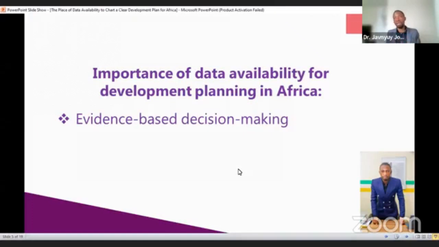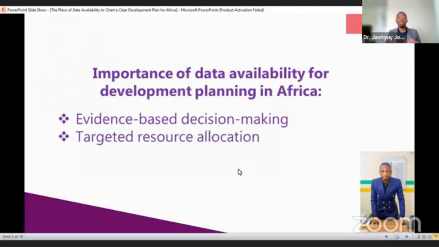Again, in the journey of development, assumption, guesswork, and making decisions because of how you feel doesn't make sense. It is evidence-based decision making that creates development, and this can only happen when data is available.